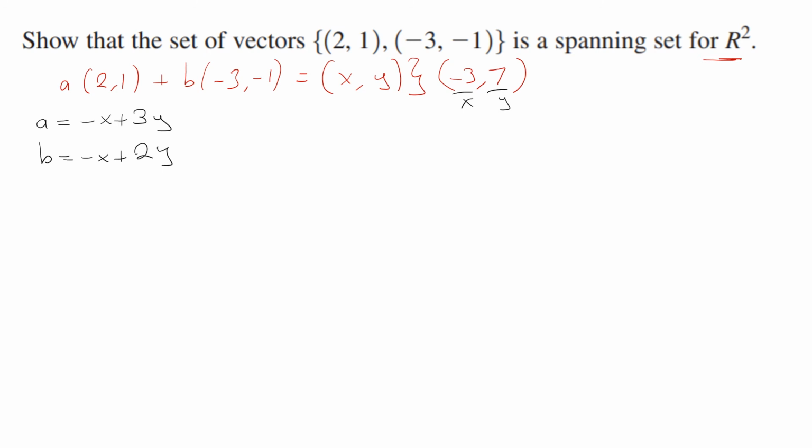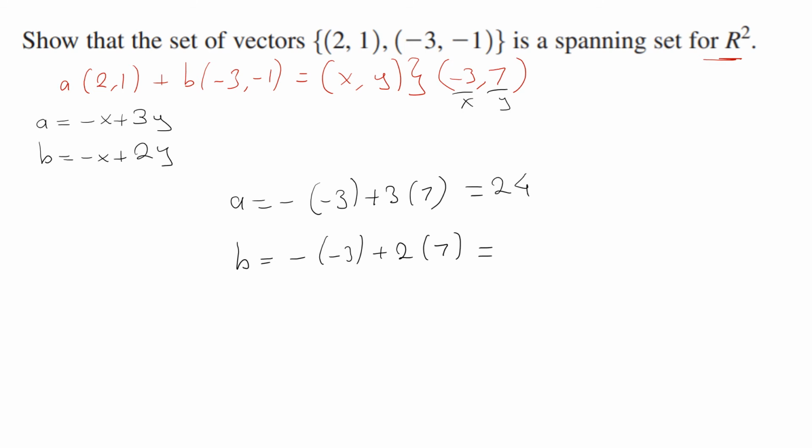So as for my a value, I'm going to get -3 plus 3 times 7. As for my b value, I'm going to get -3 again, but then plus 2 times 7. So as for my a value, I'm going to get 24, and as for my b value, I'm going to get 17.